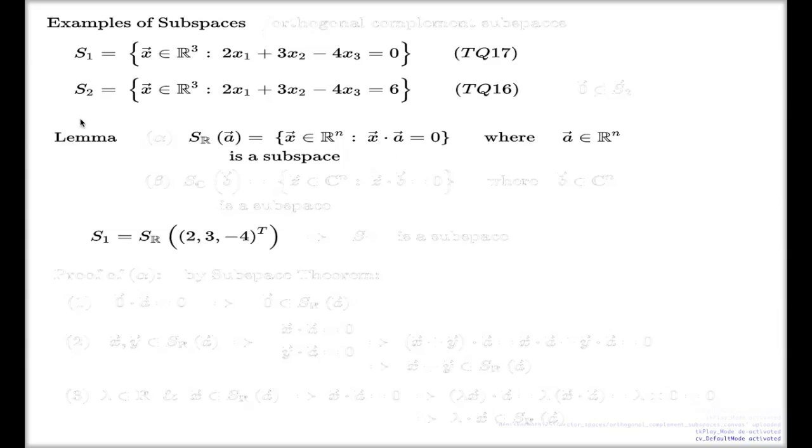In fact, I have two parts in my lemma. This one is part alpha. I can do a similar construction where I replace real numbers with complex numbers.